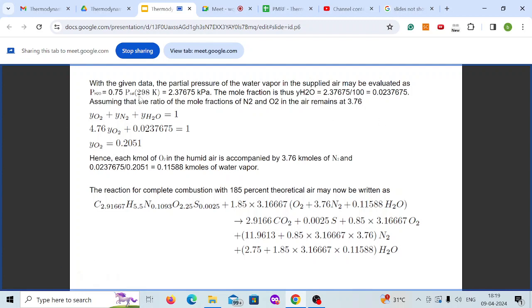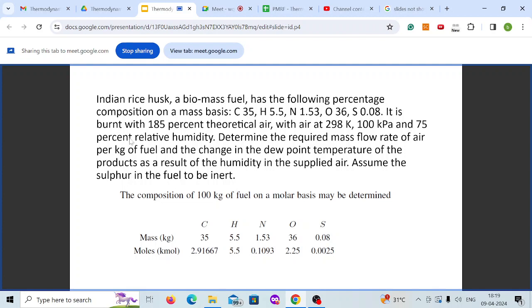So with the given data, the partial pressure of water vapor supplied in the air initially is 0.75 times the saturation pressure at 298 Kelvin, because you have 75% relative humidity and the air is at 298 Kelvin.